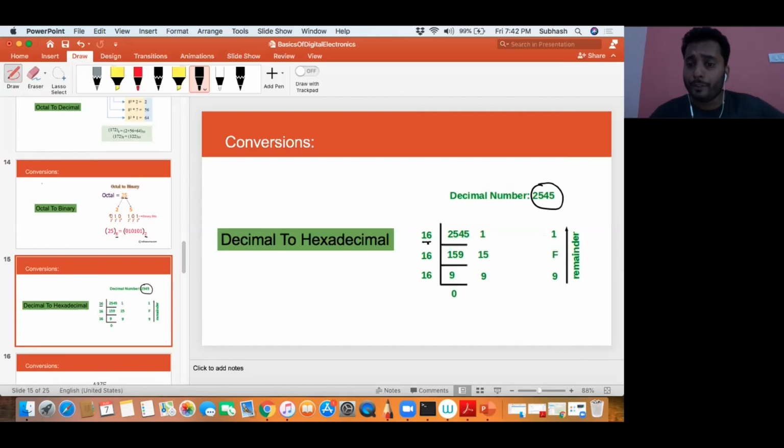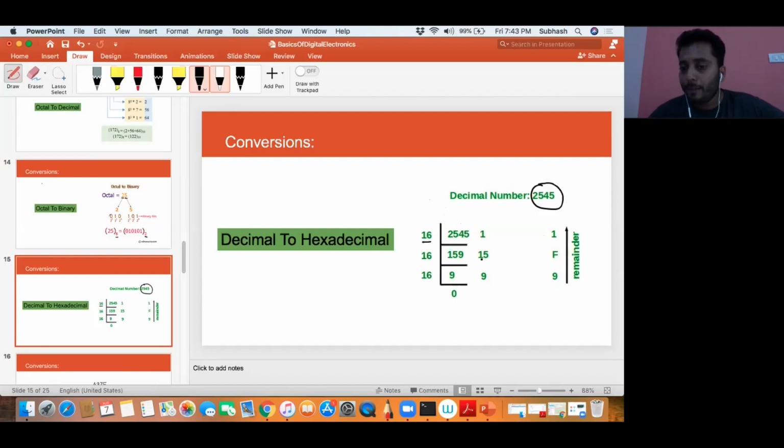So if you divide by 16, 16 times 159 will result in 2544, but it is 2545, so there is 1 remaining. So you keep the 1 as it is over here. Now if I divide again by 16, 16 times 9 is 144, and the remainder is 15.